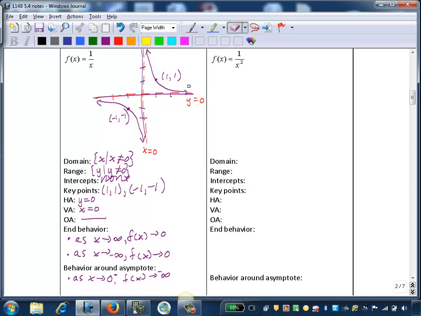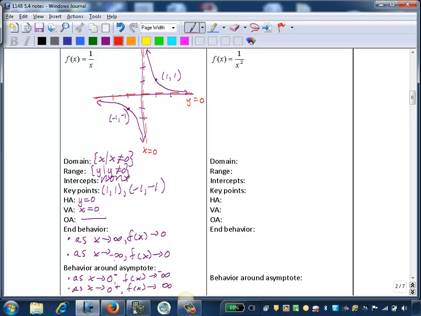Now I'm going to talk about the piece that's to the right of the vertical asymptote. As I trace along this boomerang shape, as x gets closer and closer to 0 from this side, the y value is getting infinitely larger. So we can say, as x approaches 0 from the right side, and I'll use a positive superscript to indicate that, 0 plus, f of x approaches positive infinity.